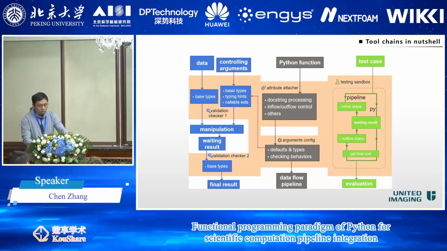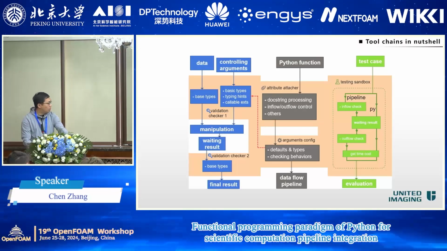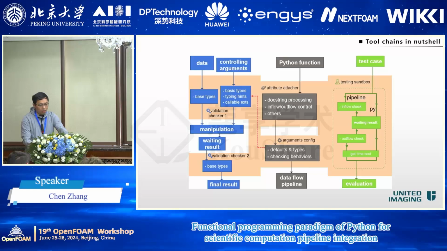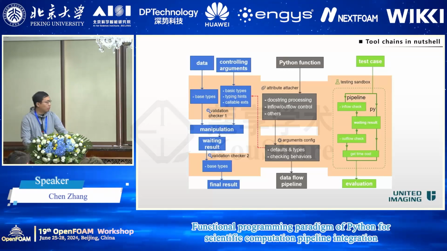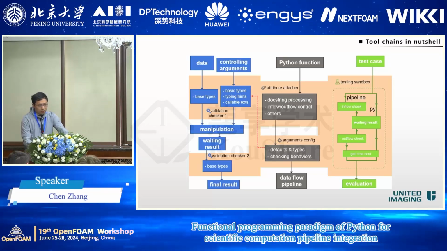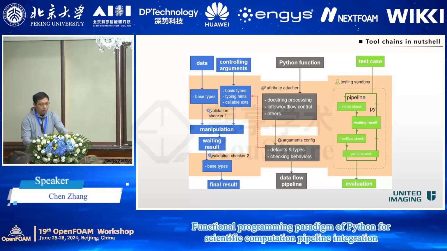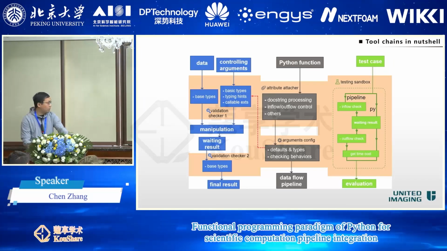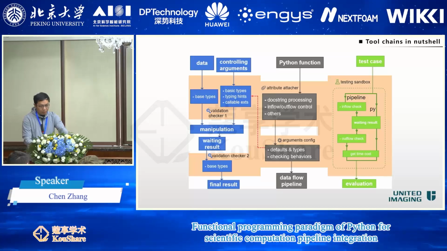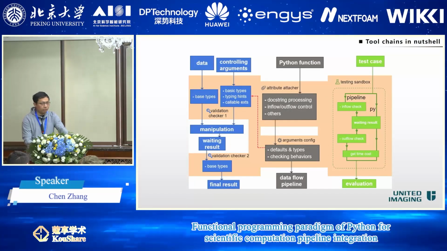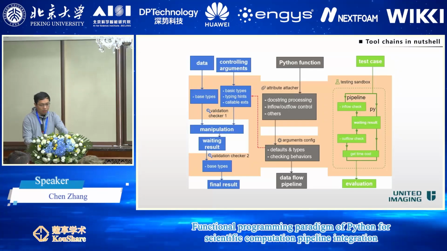The orange background is the functional scope. The blocks in different colors mean the different two chains. The green blocks are the in-place testing framework for Python functions, which can facilitate the development and implementation of Python functions.